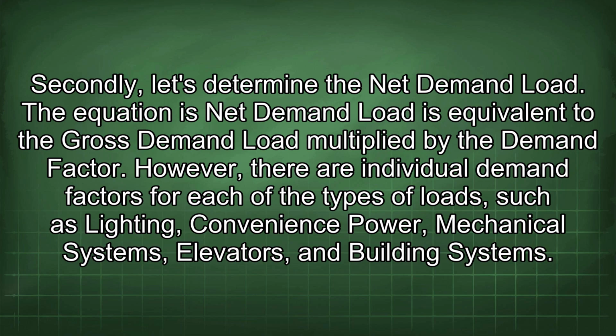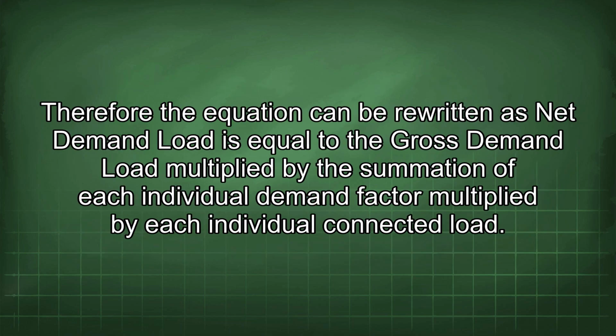Secondly, let's determine the net demand load. The equation is net demand load is equivalent to the gross demand load multiplied by the demand factor. However, there are individual demand factors for each of the types of loads, such as lighting, convenience power, mechanical systems, elevators, and building systems. Therefore, the equation can be rewritten as net demand load is equal to the gross demand load multiplied by the summation of each individual demand factor multiplied by each individual connected load.